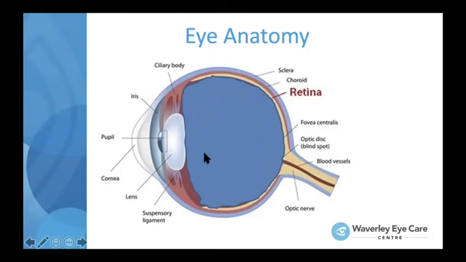But the area that we're mainly going to be talking about is this big blue area inside the eyeball, and that's called the vitreous. I want you to think of the vitreous as basically a clear jelly inside, like a clear water balloon filled with clear jelly.